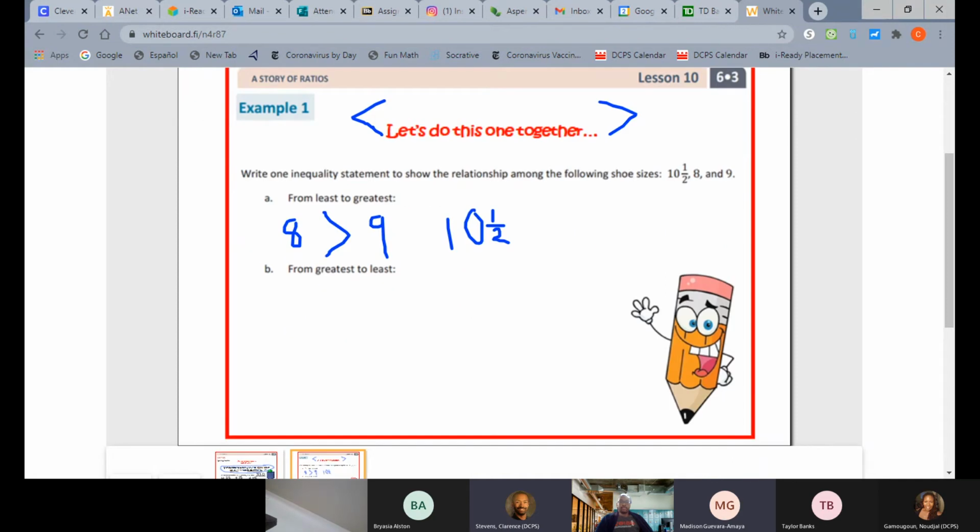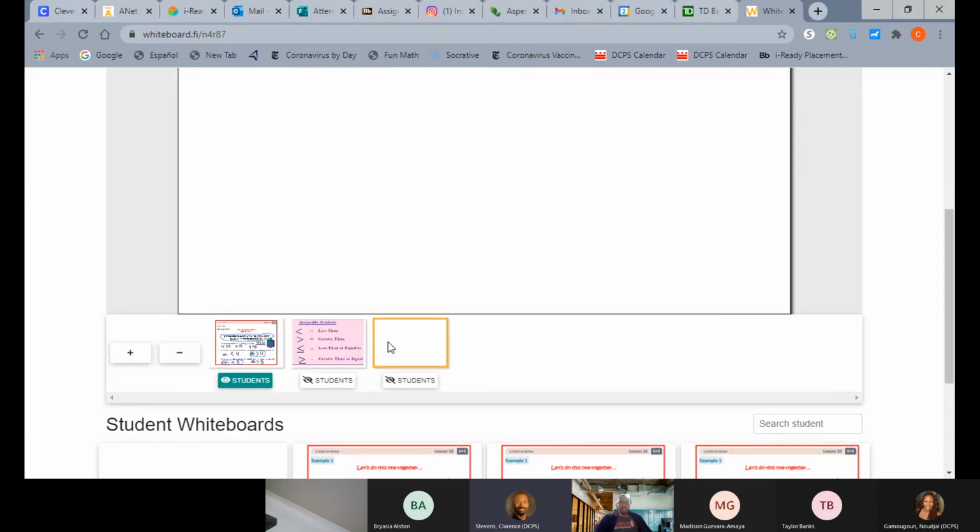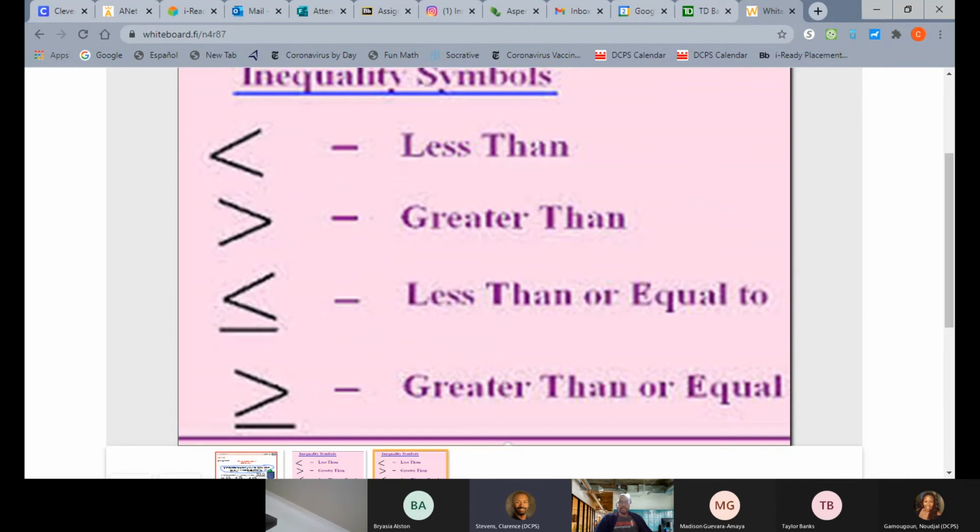So remember with the inequality symbols, when we look at it, let me put it up here. When we're looking at it this way, this is what we see, right? So look to see if the signs match each other. So do they match? Greater than, less than.